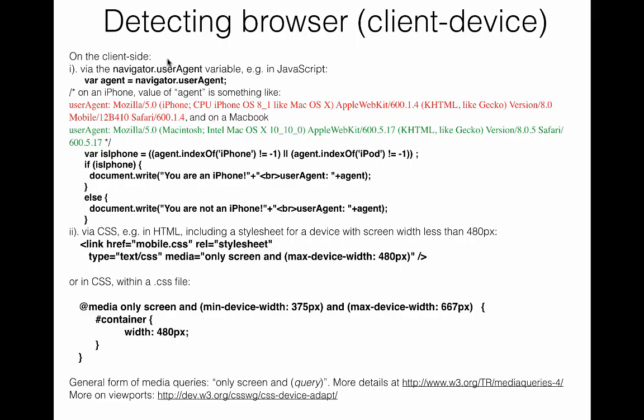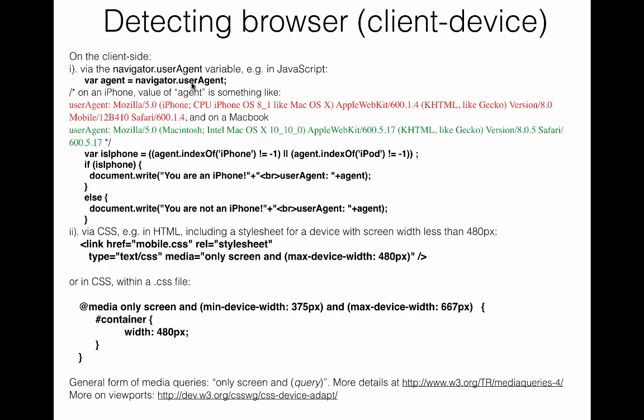So if the JavaScript code is running in the browser and within that code you want to find out some information about the browser in which the code itself is running, then you can refer to information about what's called the user agent using this variable that belongs to the navigator object.